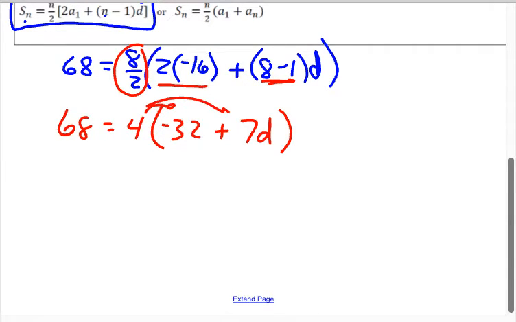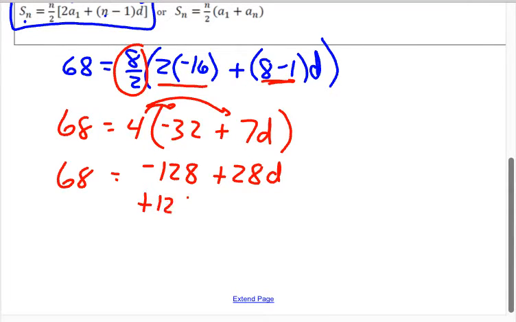Distributing our 4 through the quantity, I'm going to get, first of all, 68 equals negative 128 plus 28d.